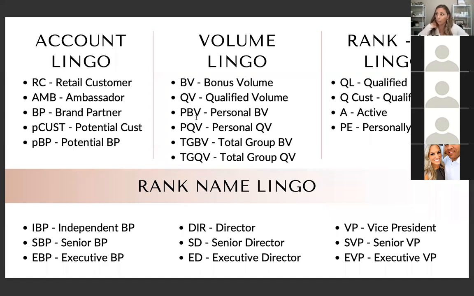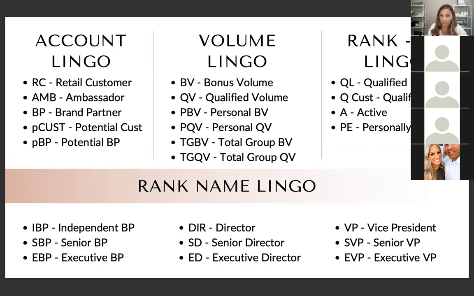Okay. All right. Rank up lingo. QL stands for qualified leg. And I'm going to show you a little bit more of these when we're actually looking at ranks. But a qualified leg is a downline leg in your organization that is active. Qualified is active. Okay. A qualified customer is somebody that is a customer that's ordered within the last 6 months. Okay.